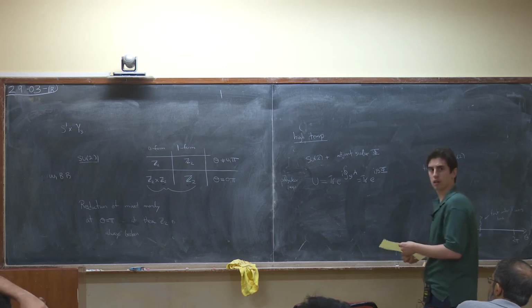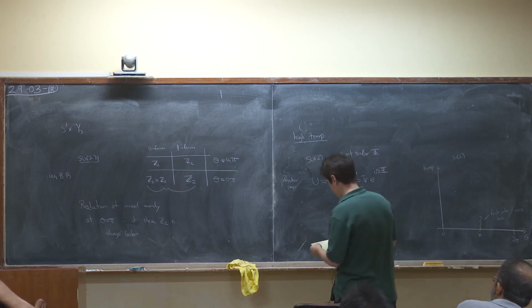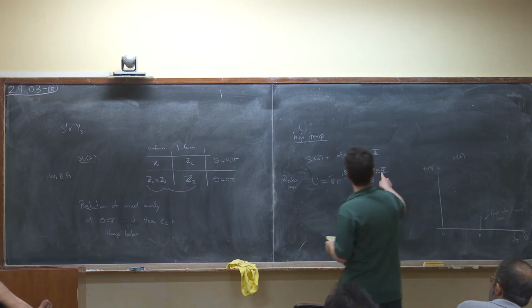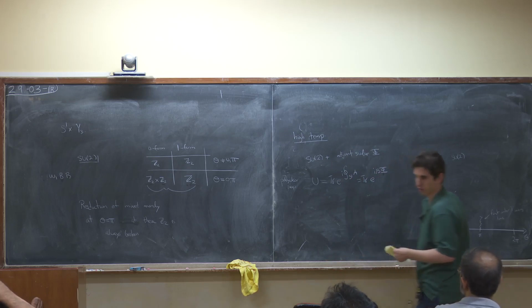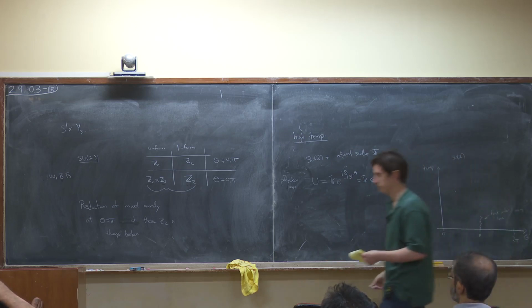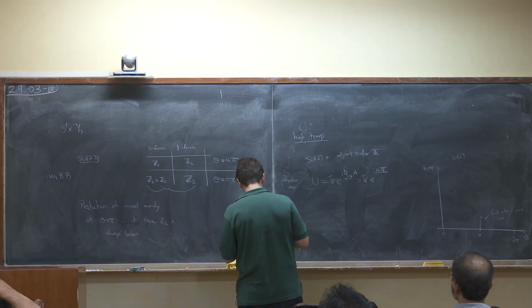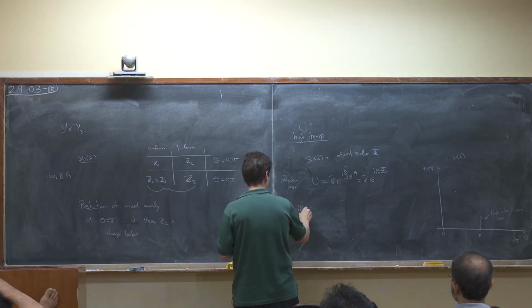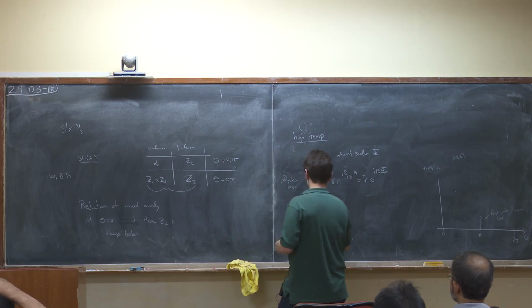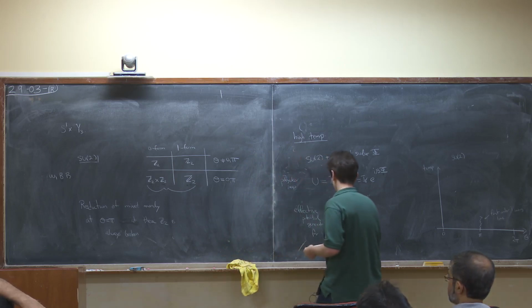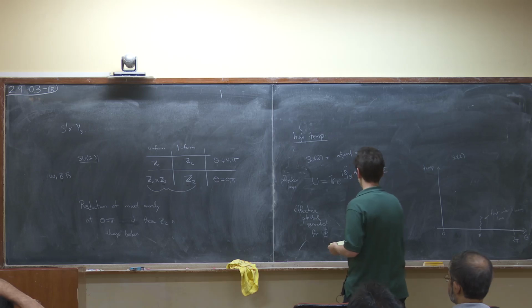Okay, so what do we know? We know that at high temperatures, an effective potential is generated for this, which has two minima in phi, at u equals plus or minus 1, say.